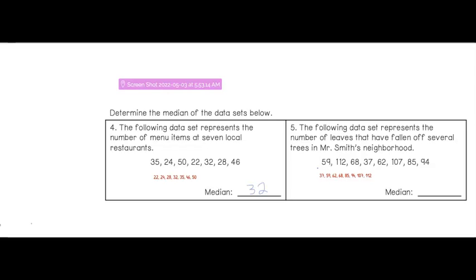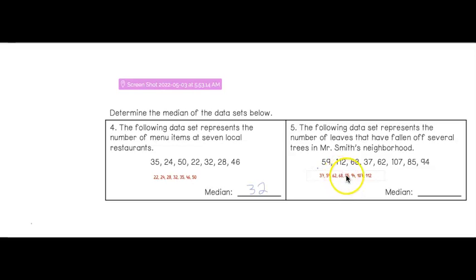And there's 8 numbers. So when it's an even amount, we have to take the average of the 2 middle numbers. And the 2 middle numbers here would be 68 and 85. Why are they the 2 middle numbers? Because you have 3 numbers to the left of 68 and you have 3 numbers to the right of 85.